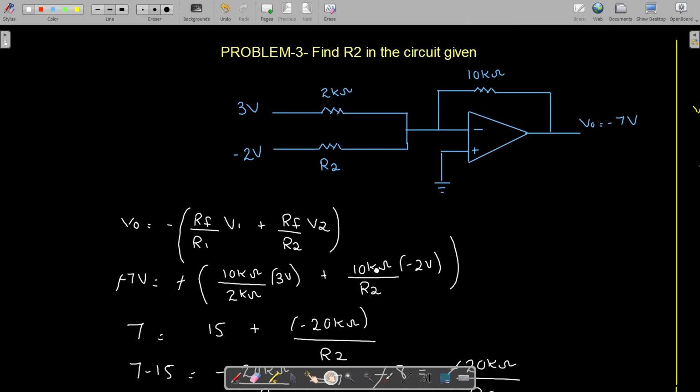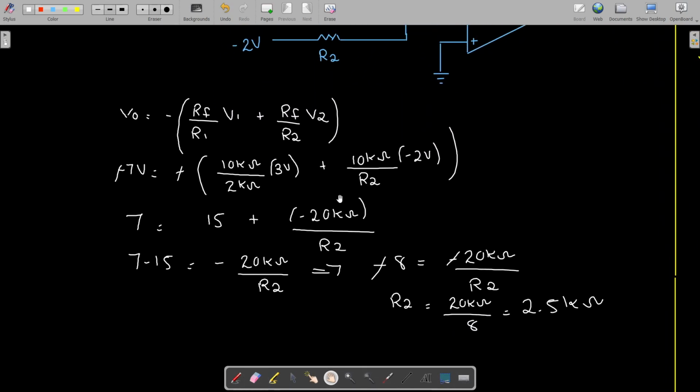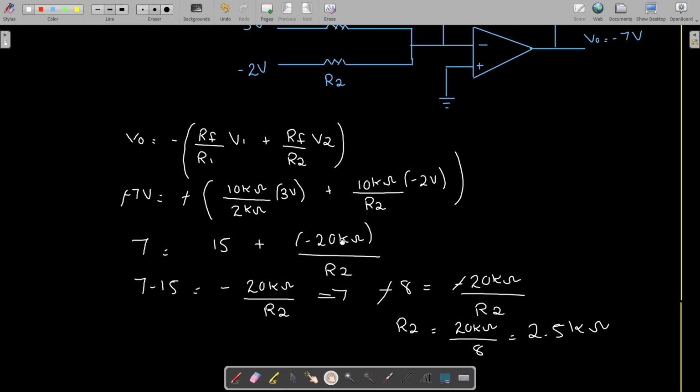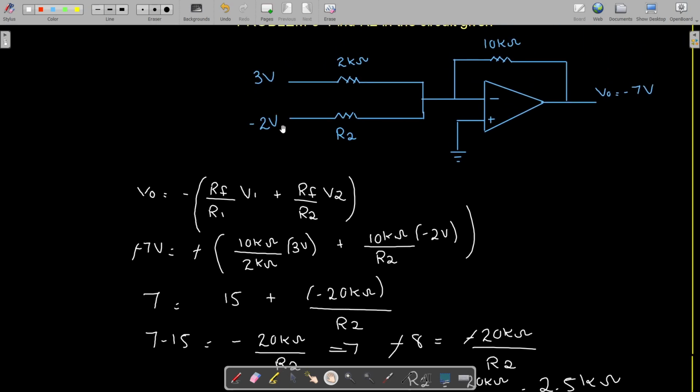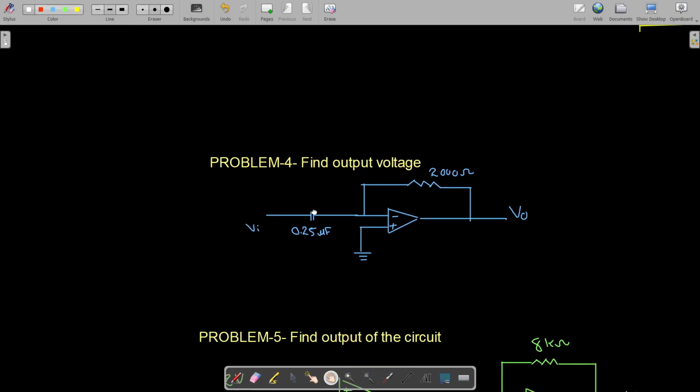R2 is equal to 2.5 kilo ohm, and then you can verify this if you want. Simply put R2 over here, and put all those V1, V2, R1, R2, and you are going to get V0 equal to minus 7 volts. If you want to verify, you can always verify.